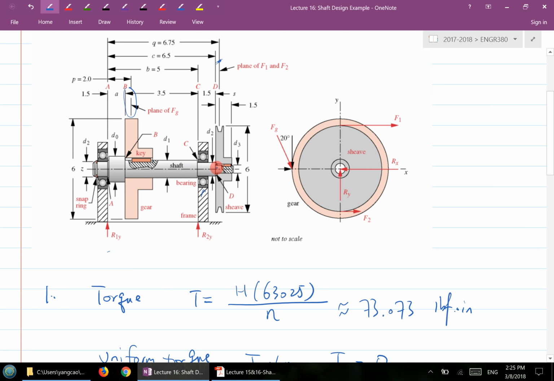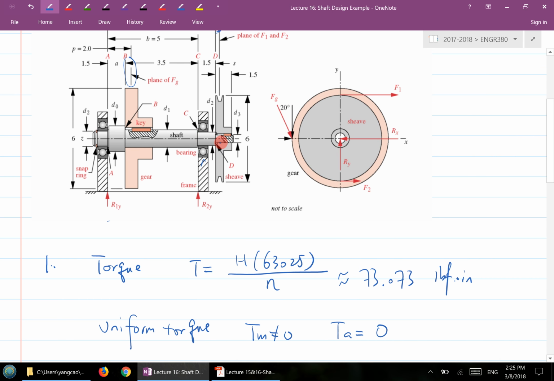That's why we should also look at D, because it has a shaft size change. Overall, for this system, I can look at the key location, the C location, and the D location.